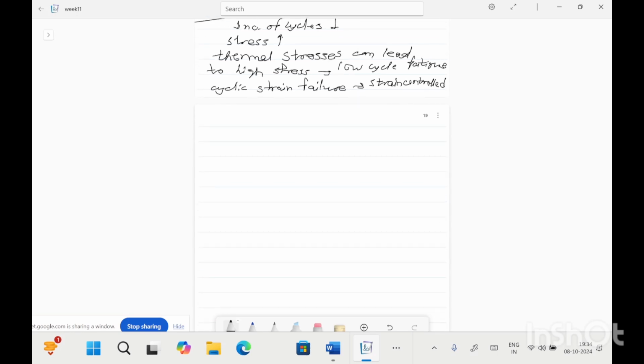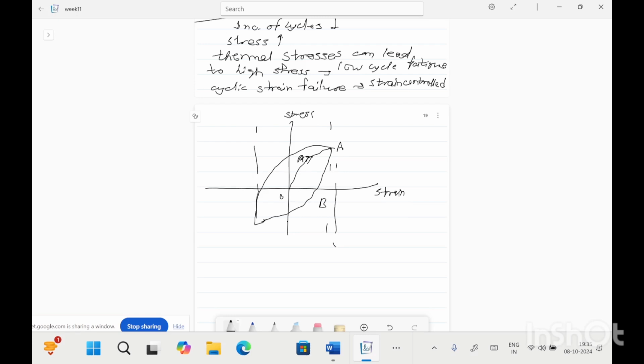When the strain is controlled, if a stress strain curve is drawn, when a material is loaded and unloaded up to a compression point, it will follow this path, and if the unloading is done, it will follow this path, O, A and B. So the strain is fixed in this condition.